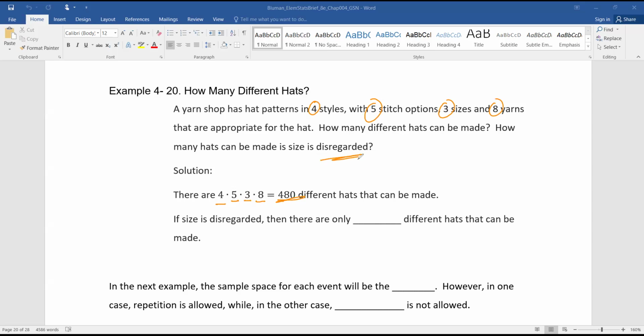If we do disregard size, then we would have 4 times 5 times 3, which is 20 times 3, which is 60 different hats.